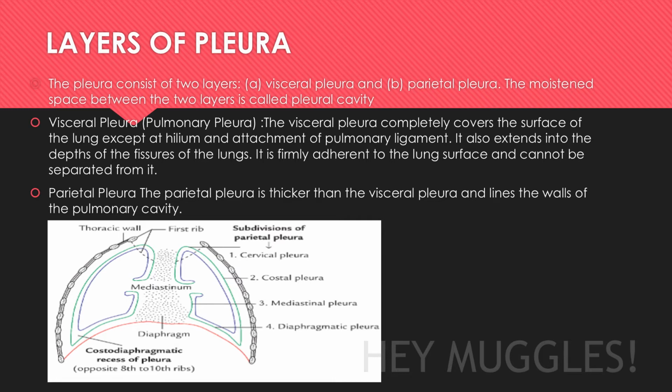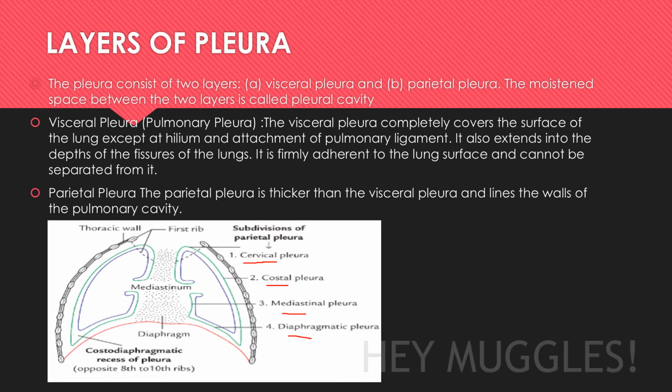It is divided into cervical pleura, costal pleura, mediastinal pleura, and diaphragmatic pleura. The subdivisions of parietal pleura are based on the part of the body that it is in contact with, right?